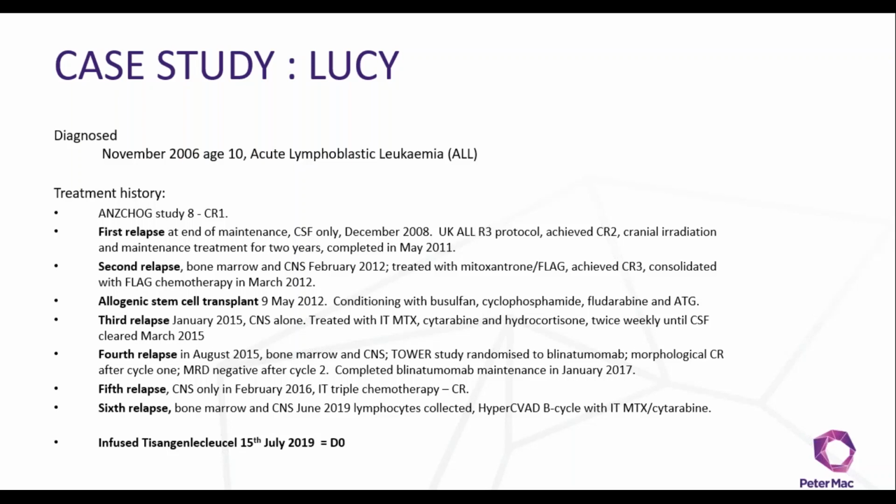So we collected the lymphocytes immediately, and because there were so many previous CNS relapses, we needed to be confident that we could clear the CNS to be able to treat with the CAR-T therapy. Active CNS disease is an exclusion for patients, essentially. It's high risk of neurotoxicity.